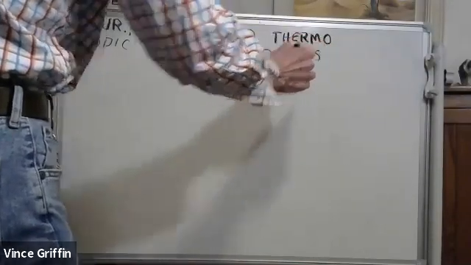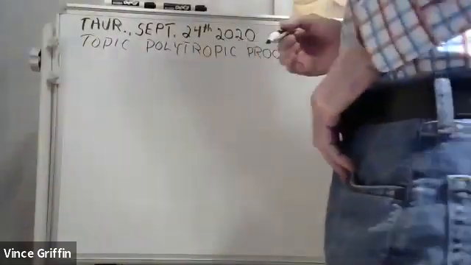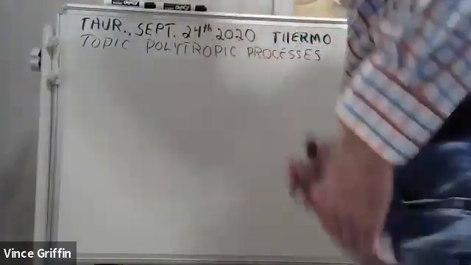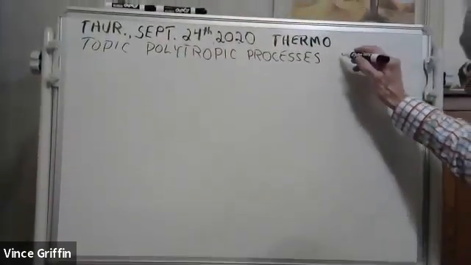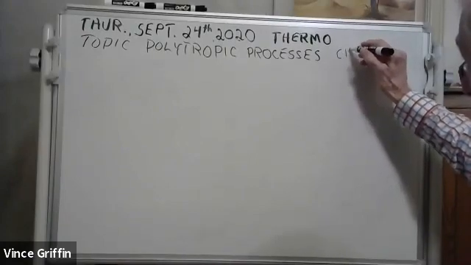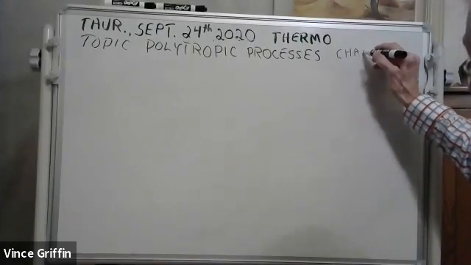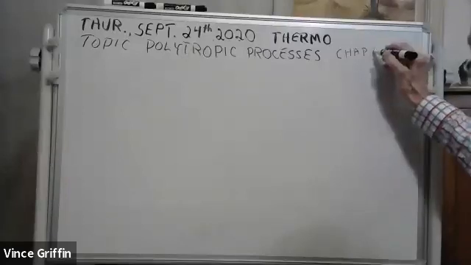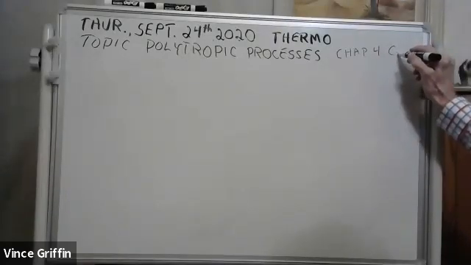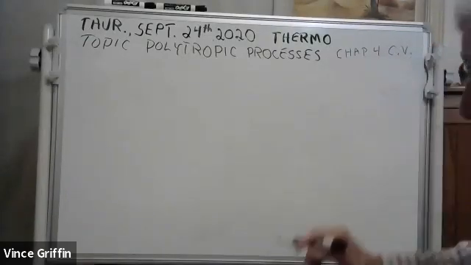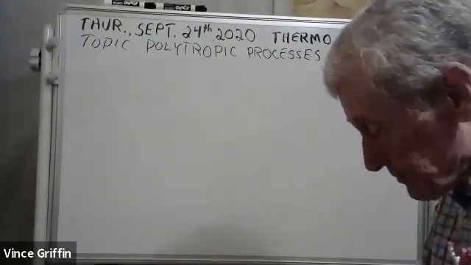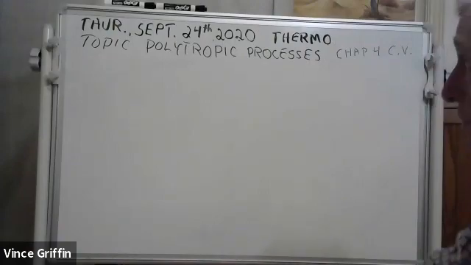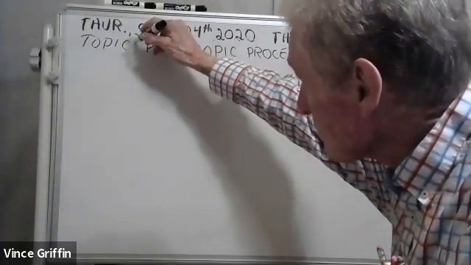And then we'll get started on chapter 4. I'd like to spend a few minutes on chapter 4 if we can squeeze it in. Chapter 4 begins the study of control volumes. See, up until now we've been doing control masses, but we're going to be doing control volumes here for a while.